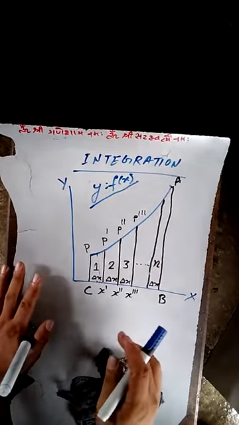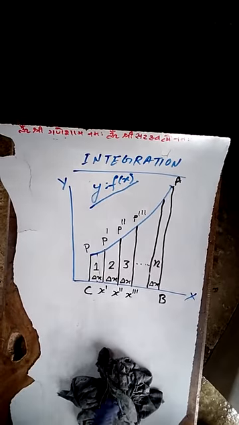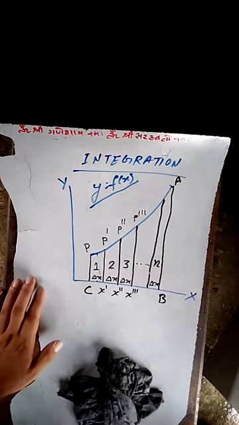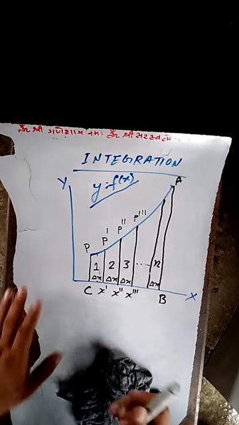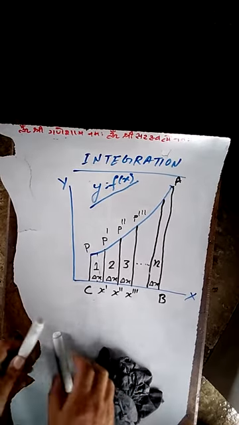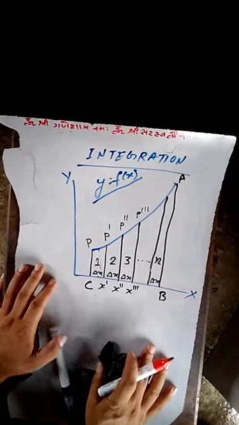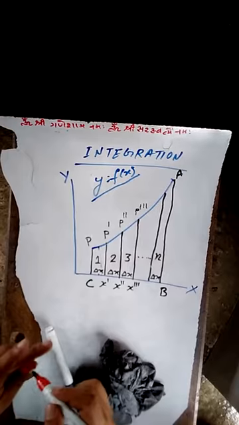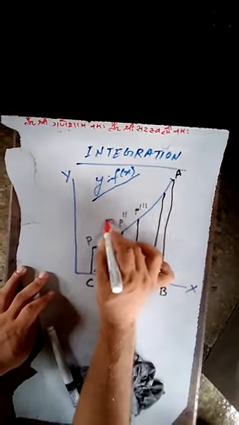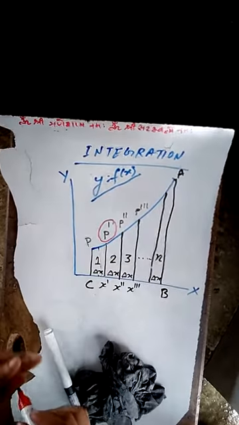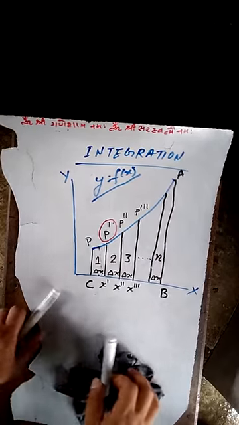Now it is similar to what? A rectangle. So if we are asked to find the area, we can find it. But before that, we find the coordinate of point P. What is the coordinate of this P prime?